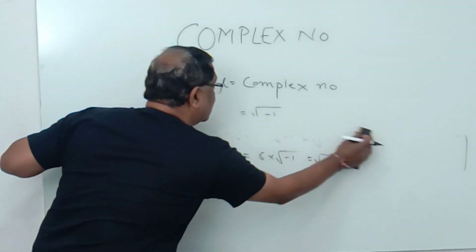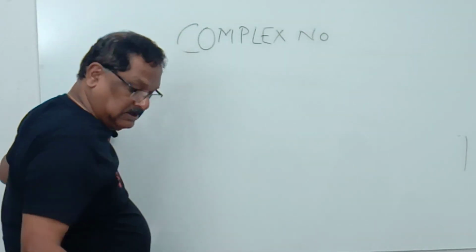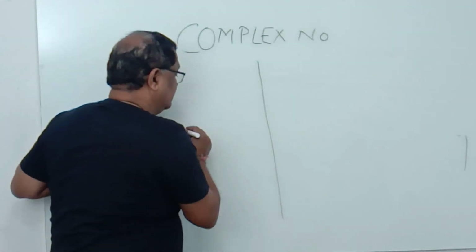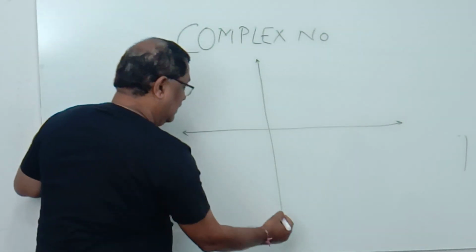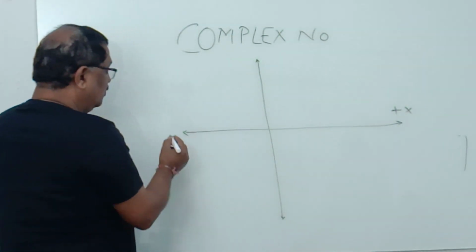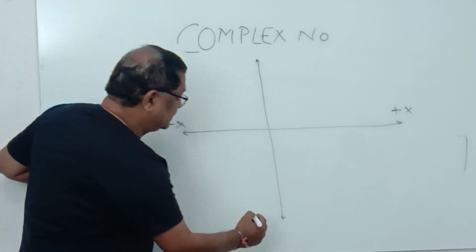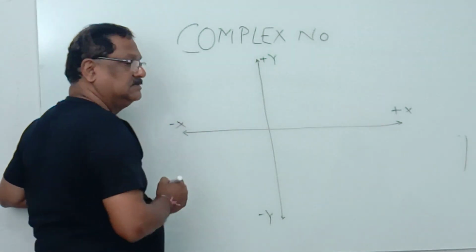Now a complex number has meaning on Cartesian coordinates. You know this is the positive x-axis, this is the negative x-axis, this is the negative y-axis, and this is the positive y-axis.